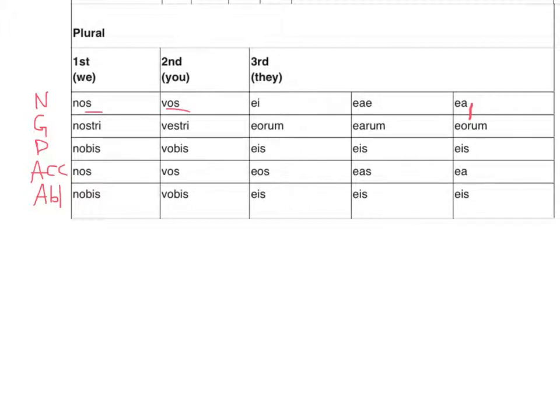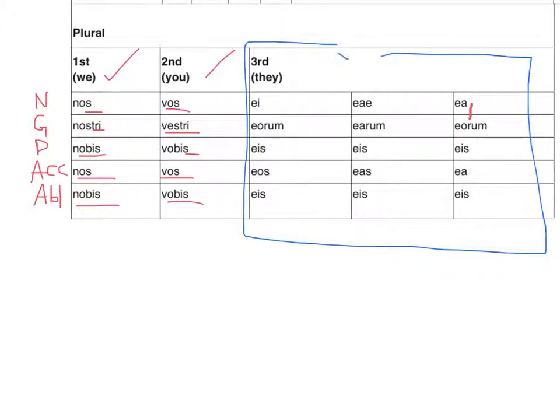Nos and vos, they're similar. Nostri and vestri have a similarity. Nobis, vobis, nos, vos, nobis, vobis. Those are all pretty regular. First person plural, we. Second person plural, you. And then again, when you get into the third person, they show variations in gender.